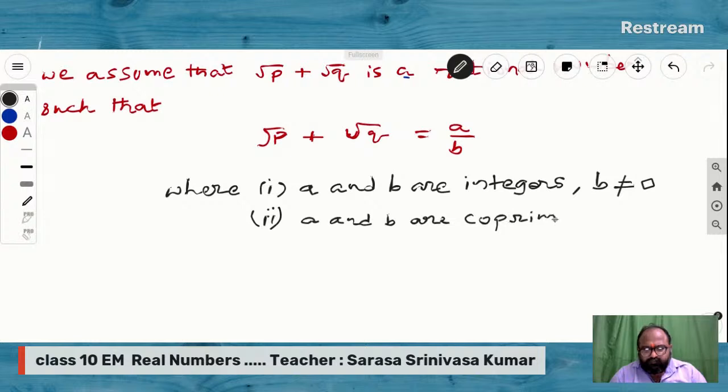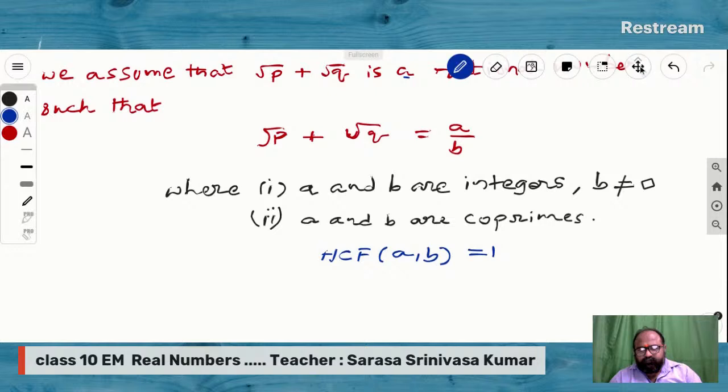What is the definition of co-primes? We say that two positive integers a and b are co-primes if the highest common factor of the two numbers is 1. That is, here we write highest common factor HCF of a and b equal to 1. So this is our assumption.